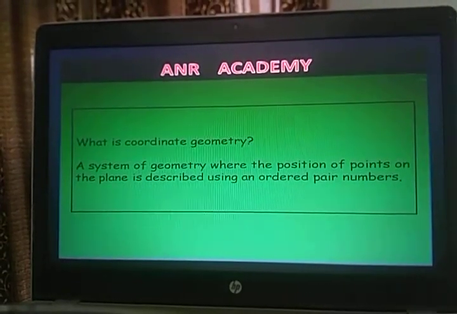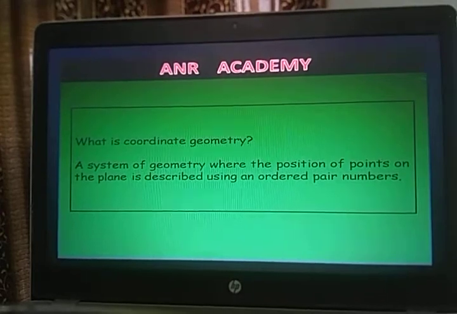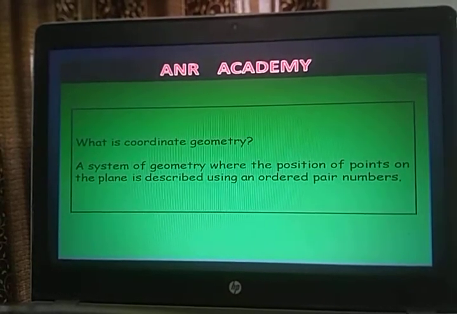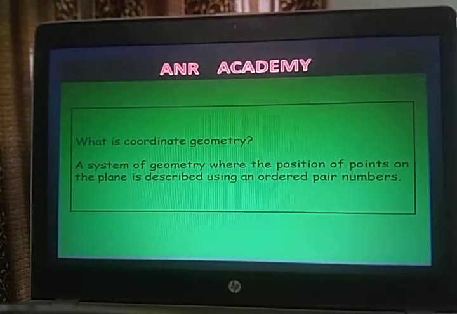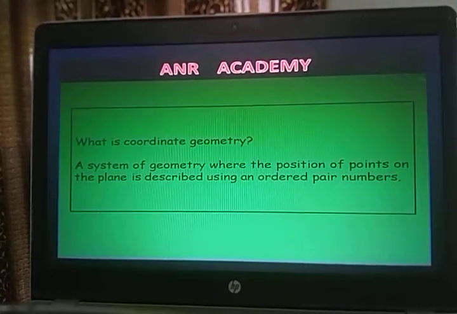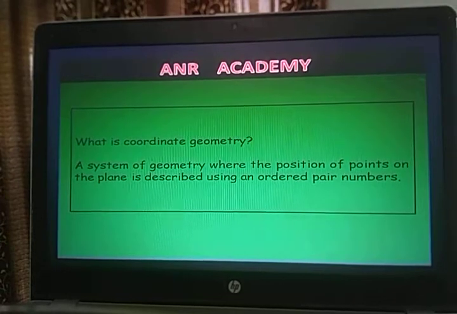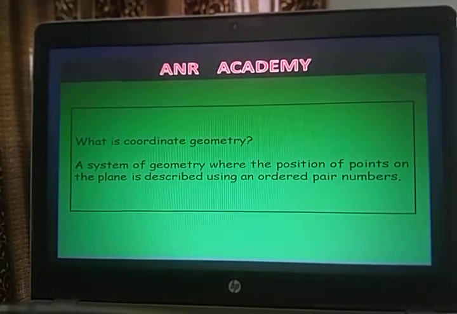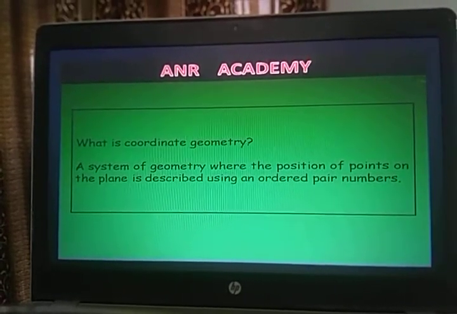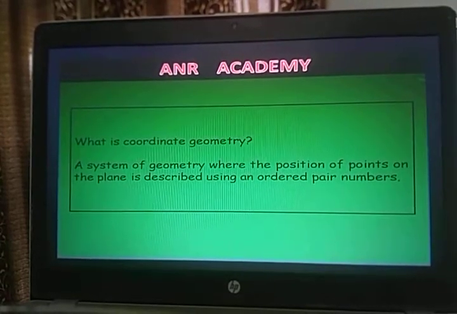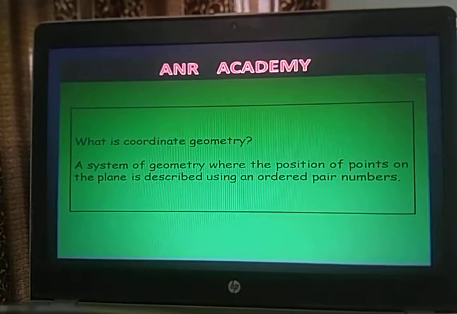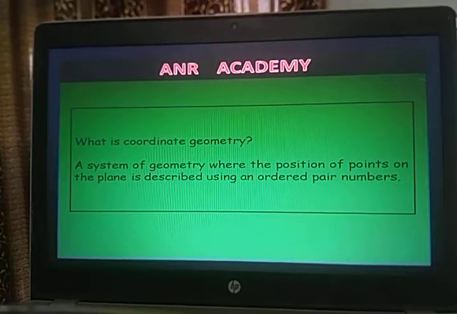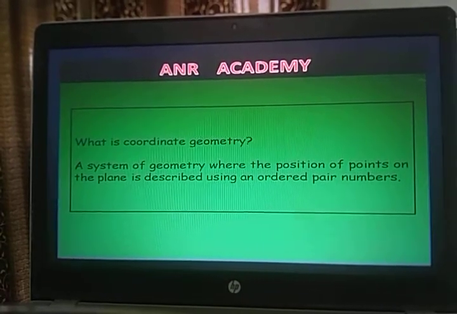So the first question that arises in our mind is, what is coordinate geometry?